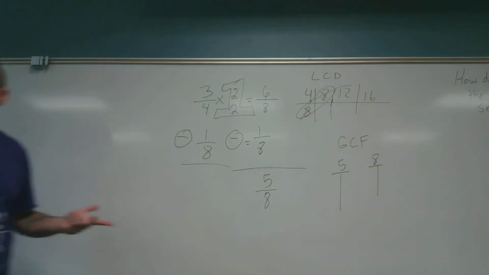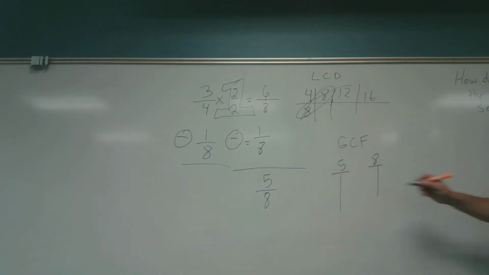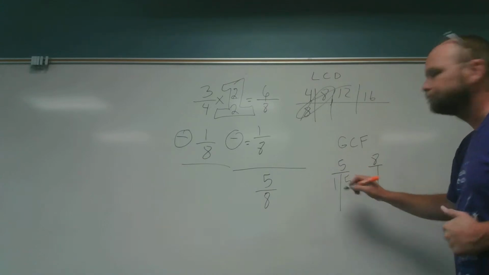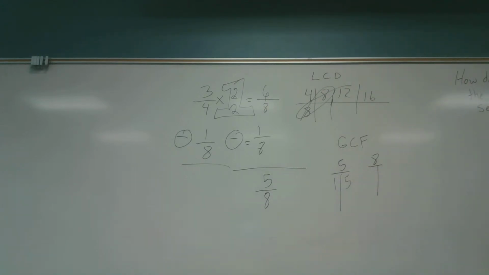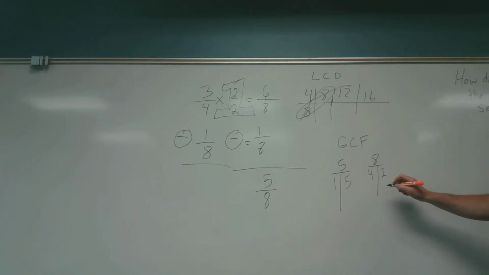So Mason, what are my factors of 5? 1 times 5. What else? Nothing else. Mason, what are my factors of 8? 4 times 2. 1 times 8.